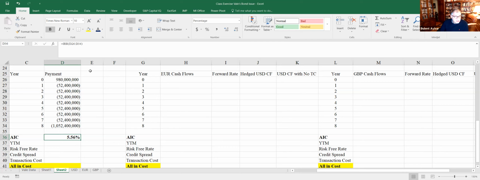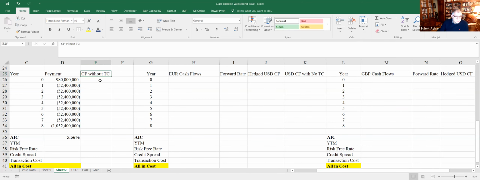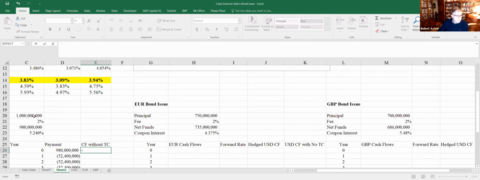So this bond is going to cost us 5.56%. I just want to write in here the cash flows without transaction cost, so that we can calculate the yield to maturity of this bond. Because from the investor's perspective, the investor is going to pay the nominal value of the bond, right?